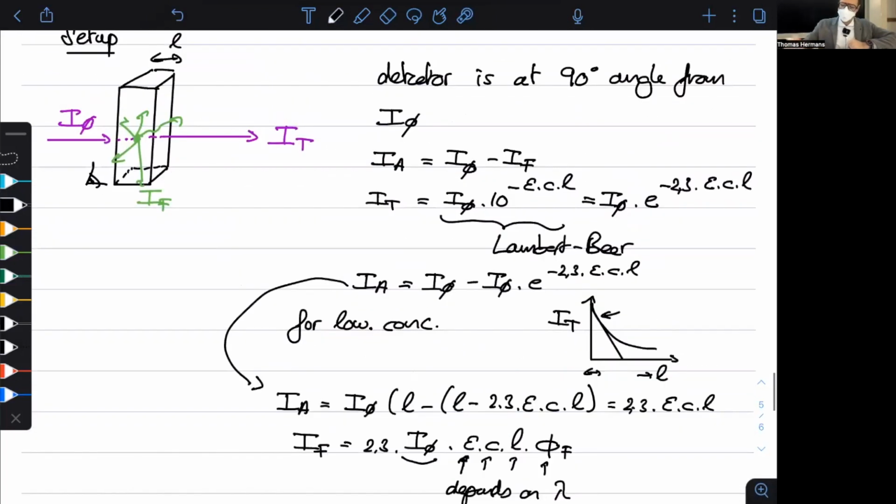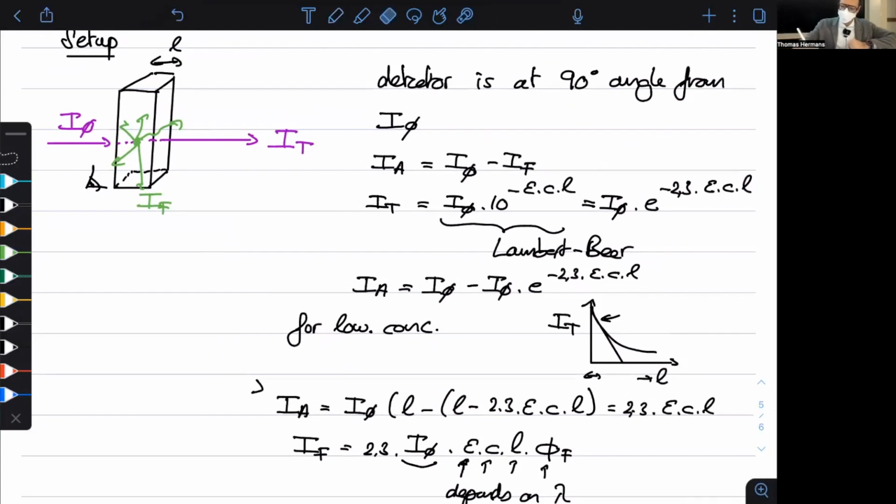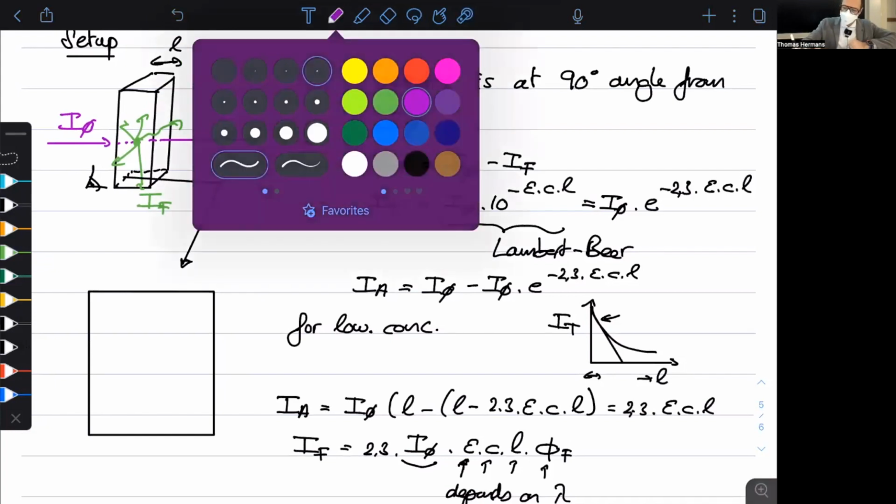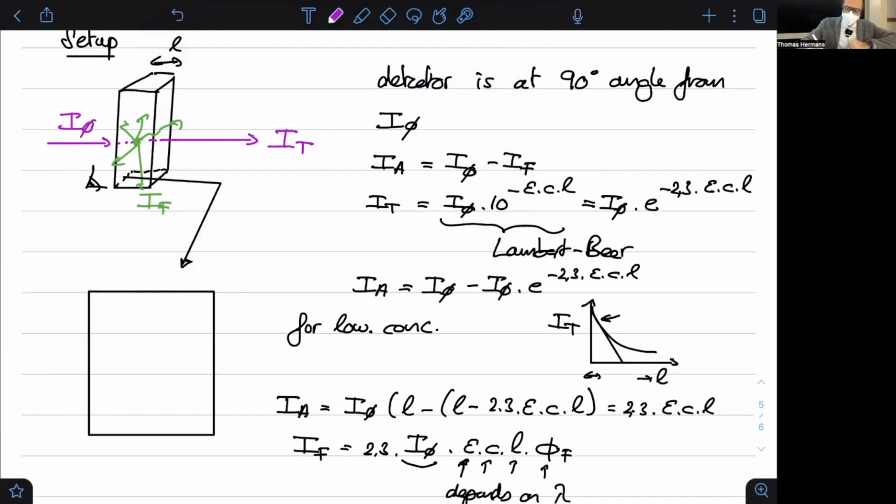So if we look a bit closer at the cuvette, I'm going to draw a cross section. I'm going to cut this cuvette in half. And let's look a bit closer. Okay, so I have my incident light, which is a beam of light, right?